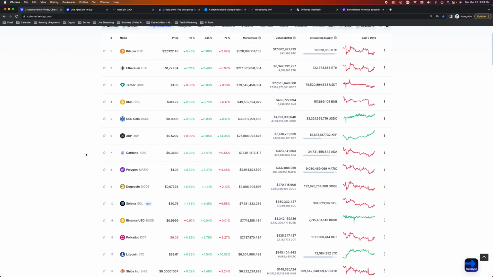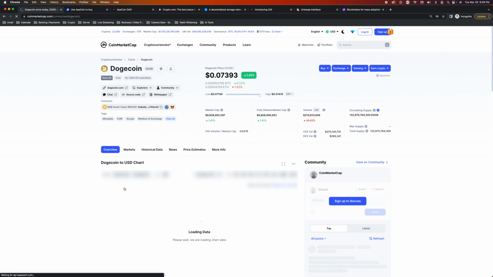Another one is Dogecoin. Dogecoin is the meme coin. I'm not the biggest fan of Dogecoin, but I do have a fun little story. I did buy $20 worth about 5 years ago when it was a fraction of a penny, and I lost my wallet. Finally recovered it. I educated myself, and I turned $20 into about 5,000 US dollars.